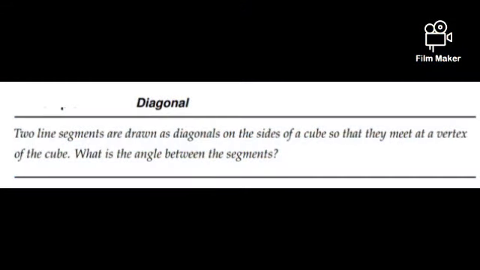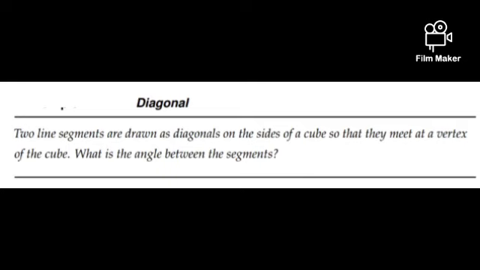This is another example of a mathematical puzzle, and this example illustrates the value of extending a diagram by adding extra information. And the trick here is to draw a third diagonal to produce an equilateral triangle.